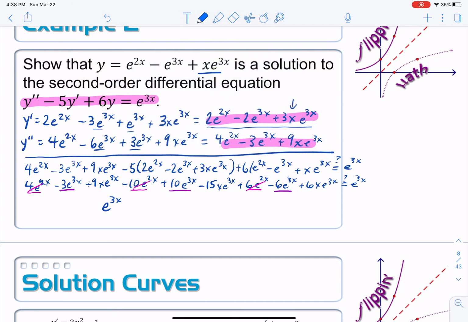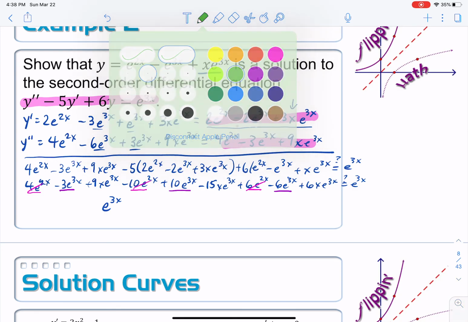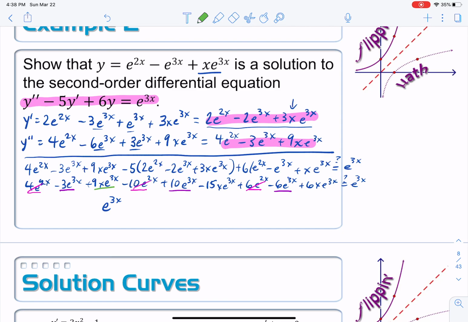We got 9 of them, minus 15, plus 6 of them. So 6 and 9 gives us positive 15, and the negative 15 cancels out. So it does indeed equal e^(3x). Ta-da! So y = e^(2x) − e^(3x) + x e^(3x) is indeed a solution to that second order differential equation.